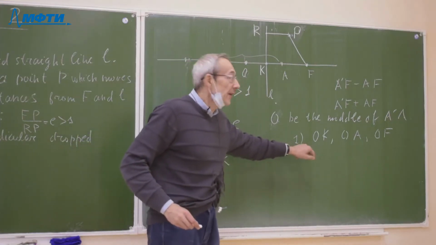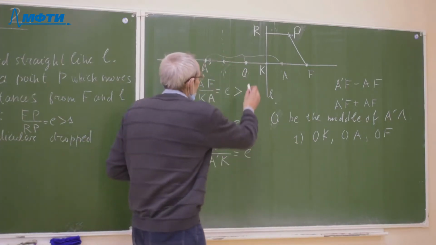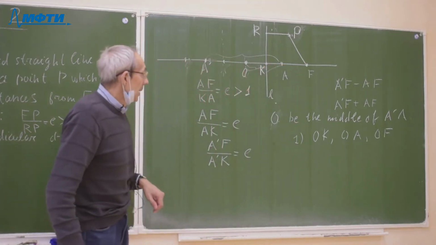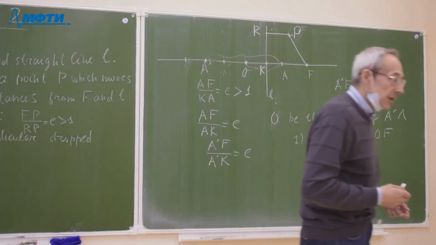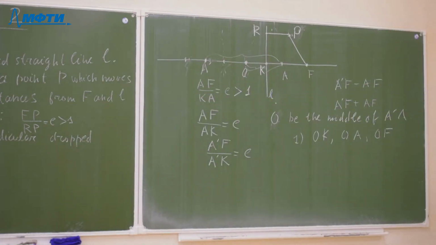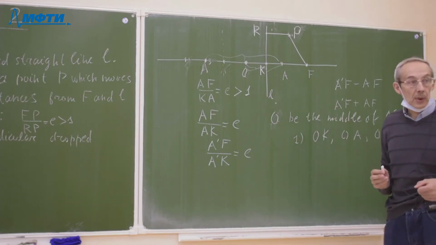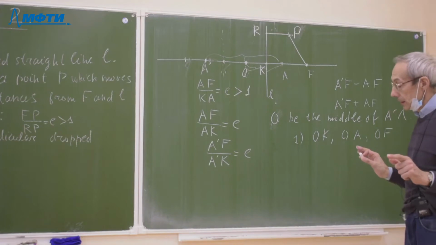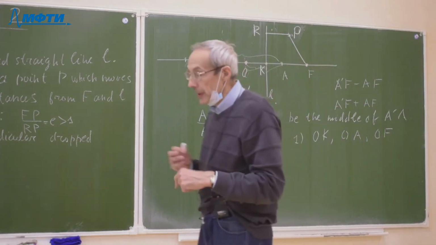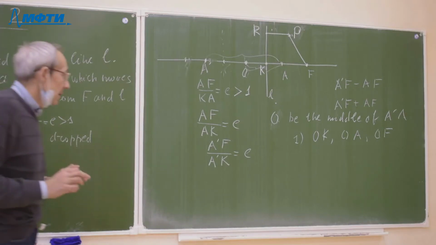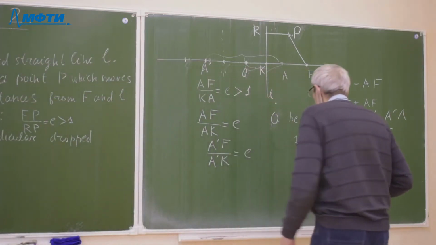This relation we can use to deduce the equation of our curve, the hyperbola. And we will see that this relation will be the same as the relations in the case of the ellipse. And our reasoning will be the same.